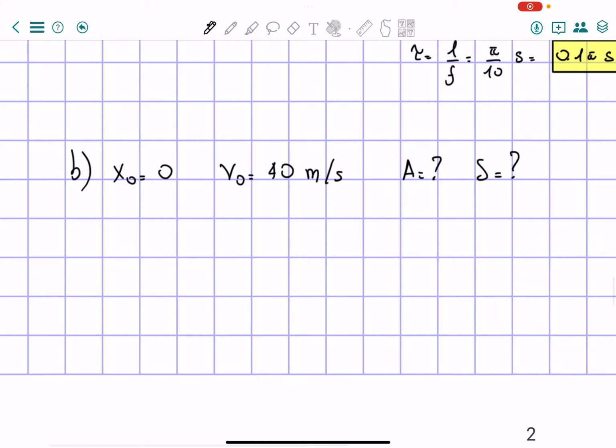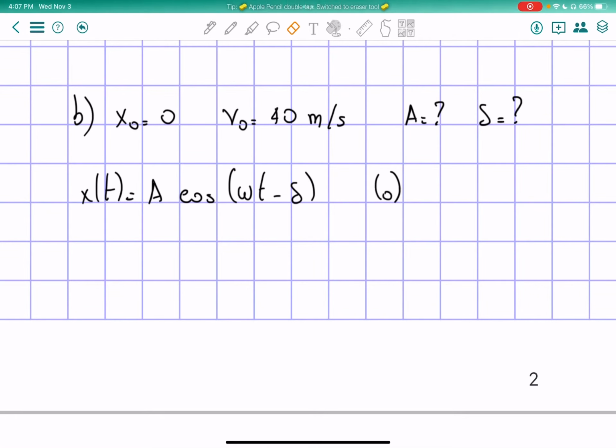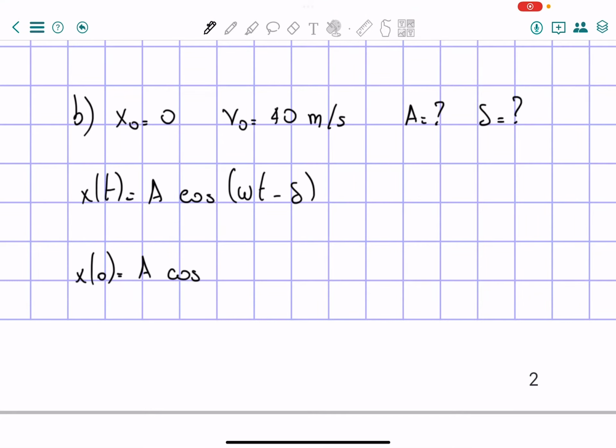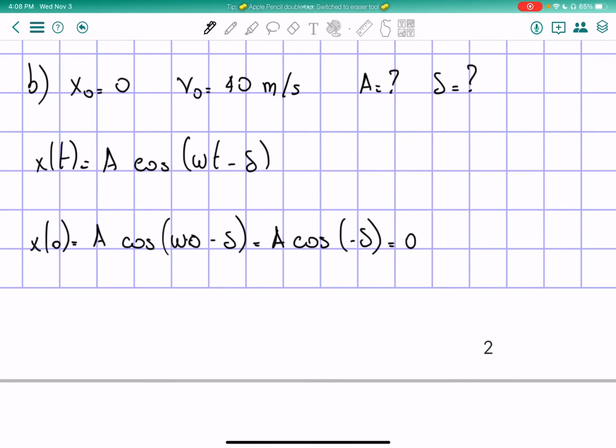Well, let's revisit the formula that is also given to us: A cosine of angular frequency times time minus the angle, or phase shift. So we're going to have x at 0 equals A cosine of angular frequency times 0, which is 0, minus the angle, so A cosine of negative phase shift, which equals 0, because we said that x at 0 is 0.